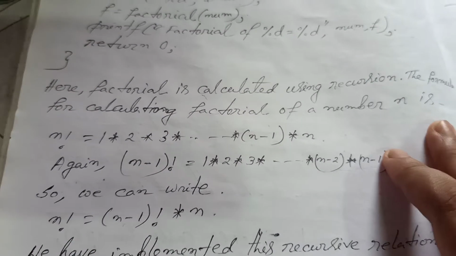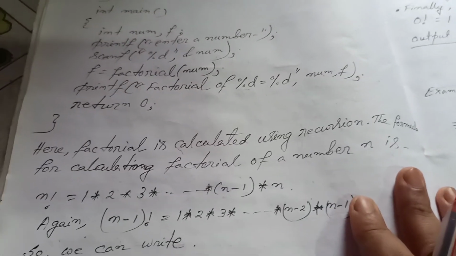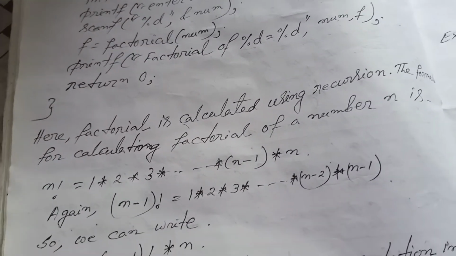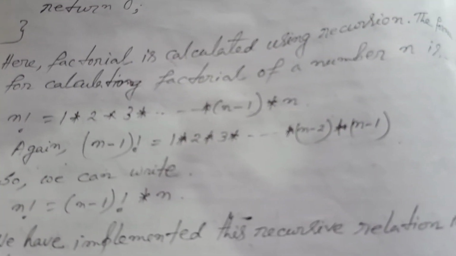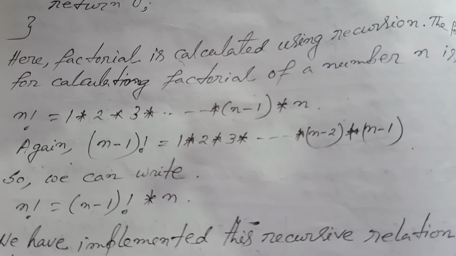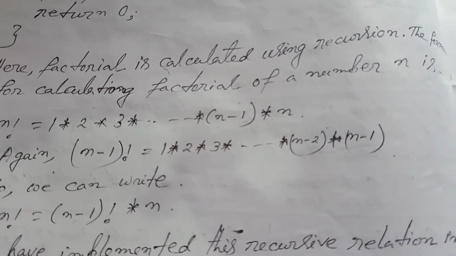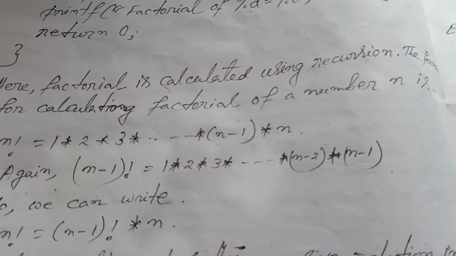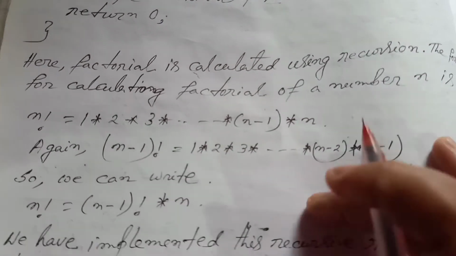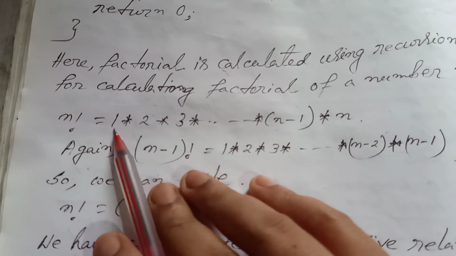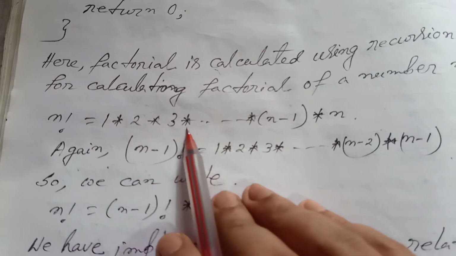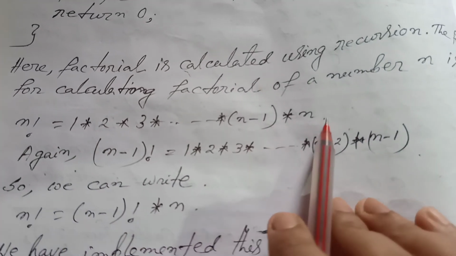Okay, so in this example, what is the process of calculating using recursion? The factorial calculation is like this: factorial of n equal to 1 into 2 into 3 up to n minus 1 into n.